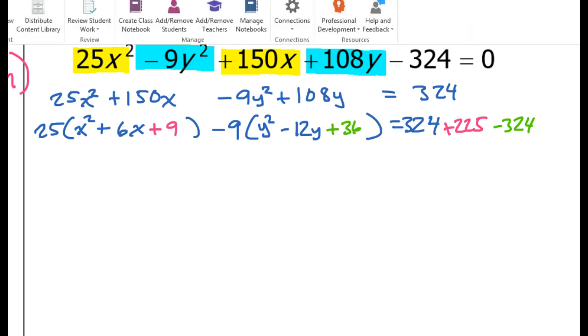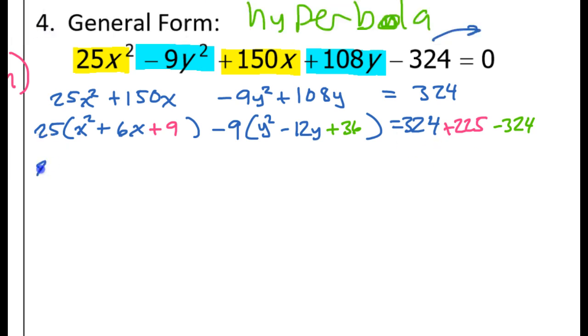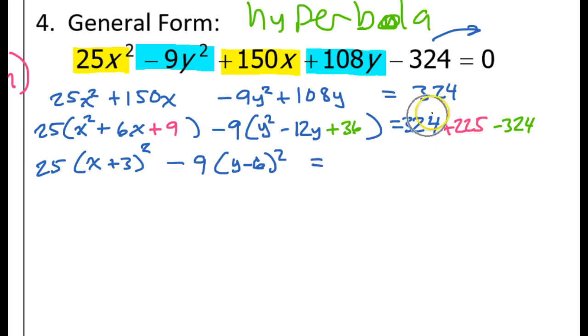So this is going to give me 25 times x plus 3 times x plus 3, or x plus 3 squared. And this will factor as y minus 6 times y minus 6, or y minus 6 squared, is equal to.